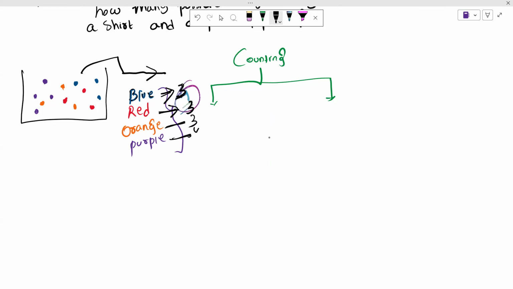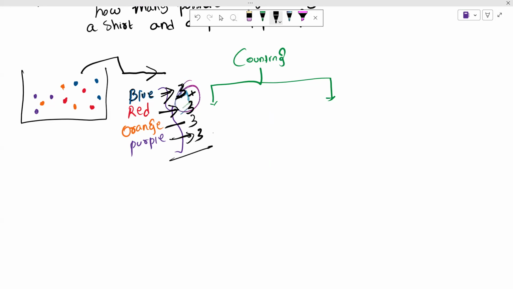In purple, total four are there. Let me remove one ball. Now you can say that total three are there. Now if you count all the colored balls, how many balls are there? So what will you say?